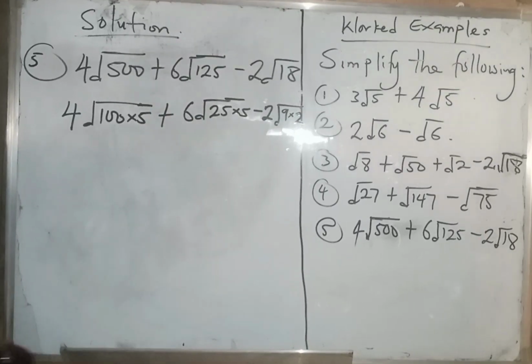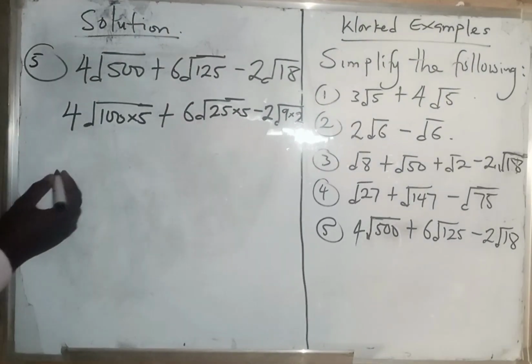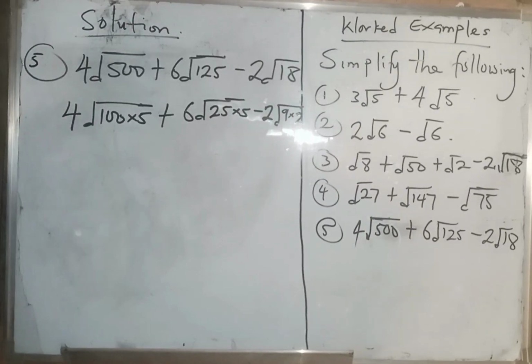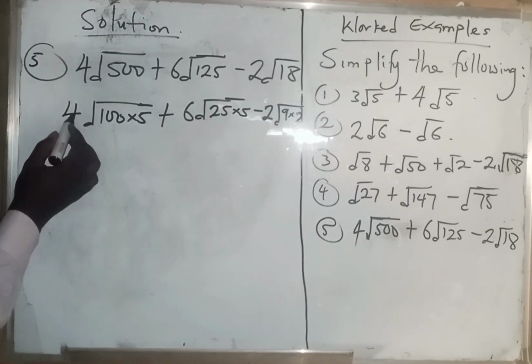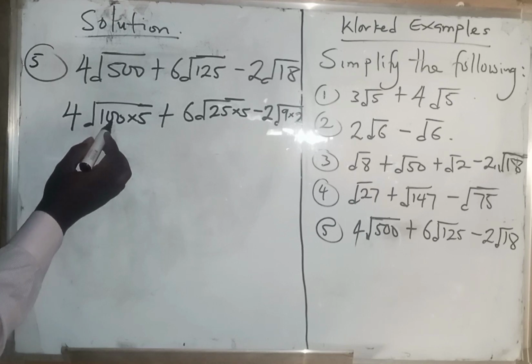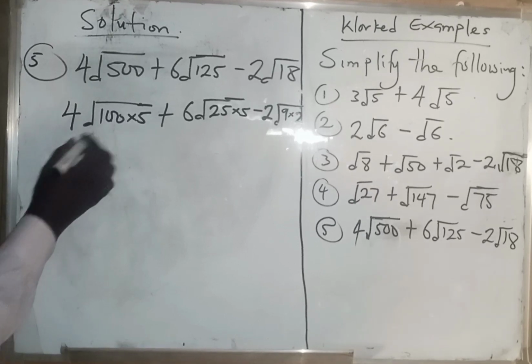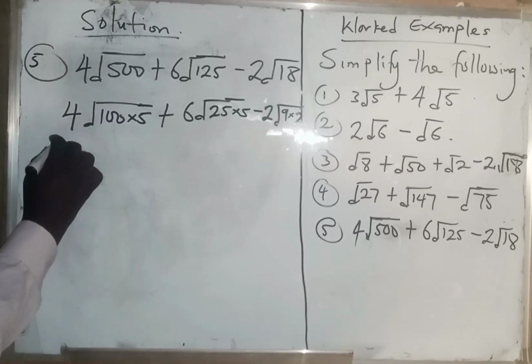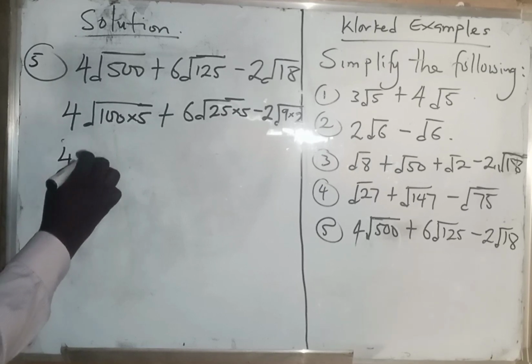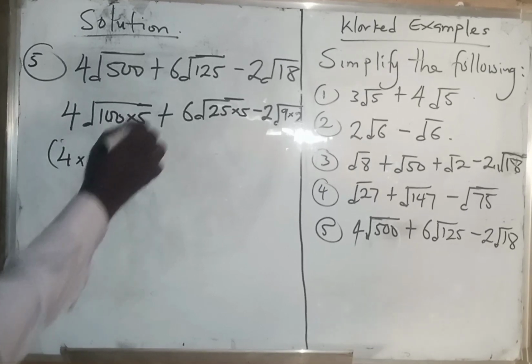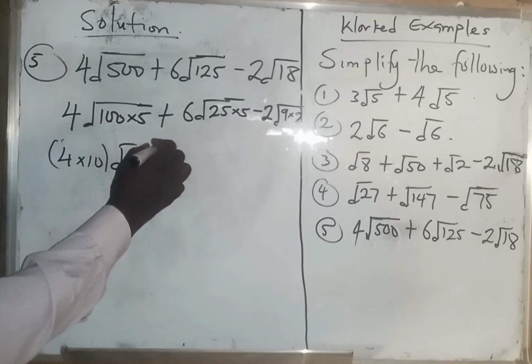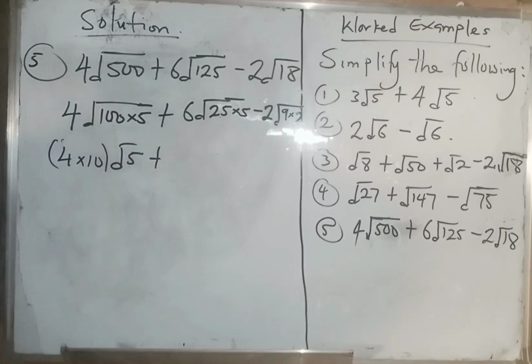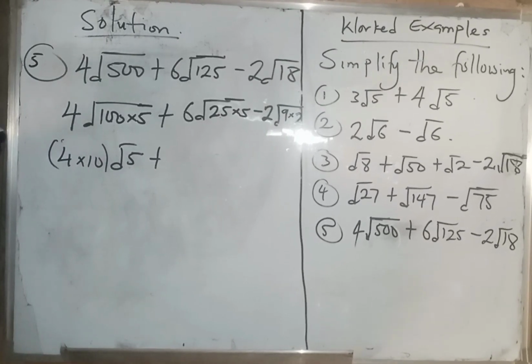So with this, we can go ahead and simplify this as root of 100 is 10. So multiply that 10 by 4. So let me write this: 4 times 10, then root 5, plus root 25 is 5.